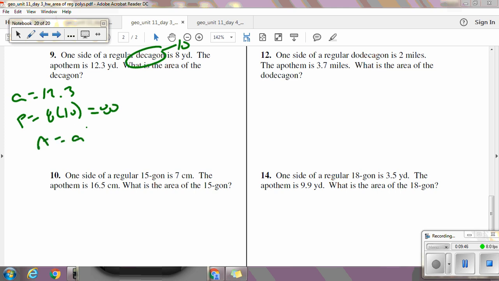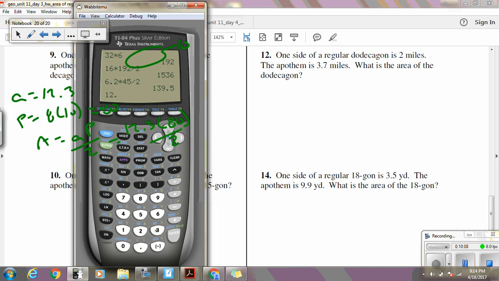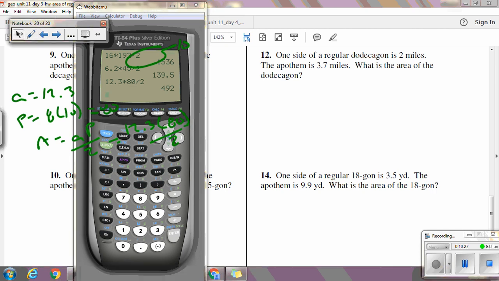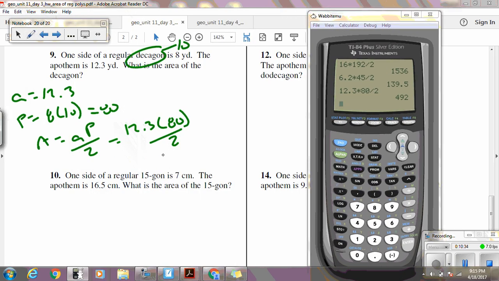Now the area is apothem times perimeter divided by 2. 12.3 times 80 divided by 2. Grab our calculator. 492 yards squared.